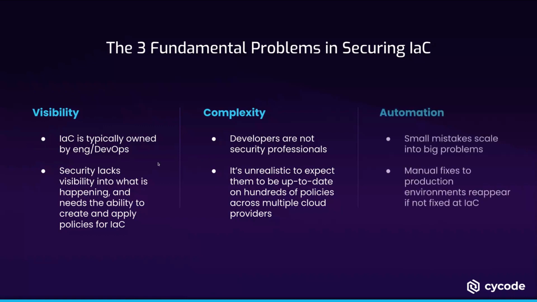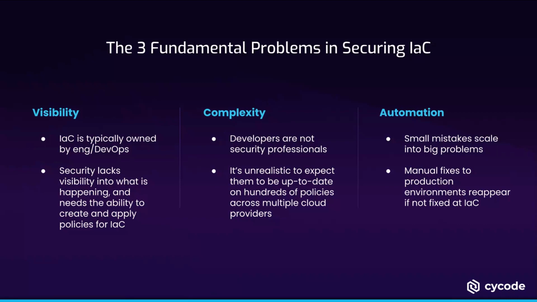The last point comes down to automation, and I think Amnon mentioned this a couple of times, but essentially the same capabilities that provide the efficiency and the scalability of the IaC approach are double-edged, right? A small mistake in an IaC template, like encryption is false or true, can scale up to be a very big problem when it comes out into production, because there's a one-to-many relationship between the template and the infrastructure that comes from it.